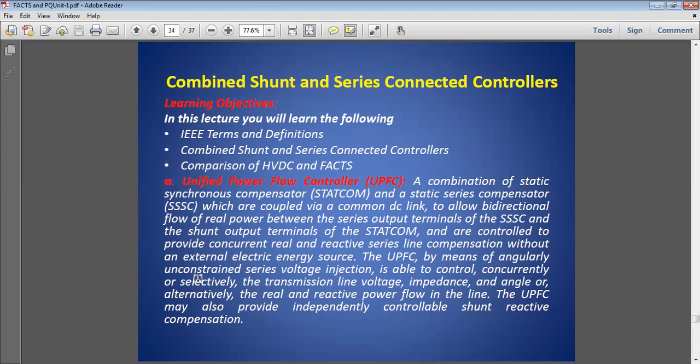Okay, so in the case of series compensation, it is going to inject voltage, whereas the shunt compensation is going to inject current at the point of connection. So whatever the two independent devices, either shunt or series, they are connected in a unified way with the help of DC links.